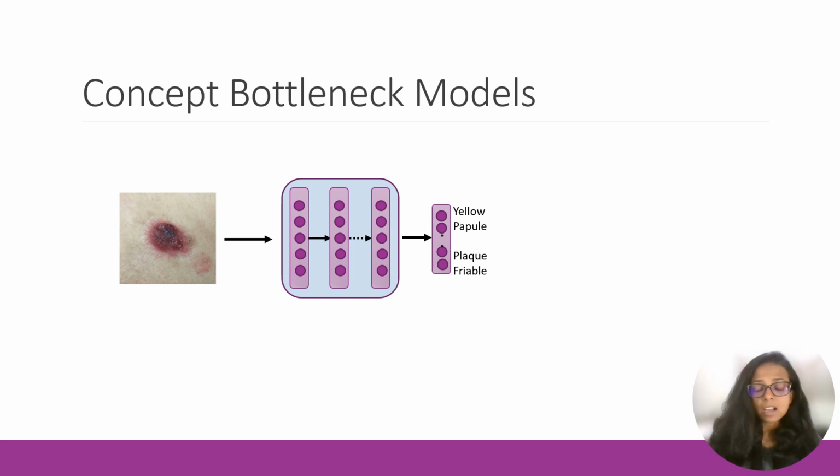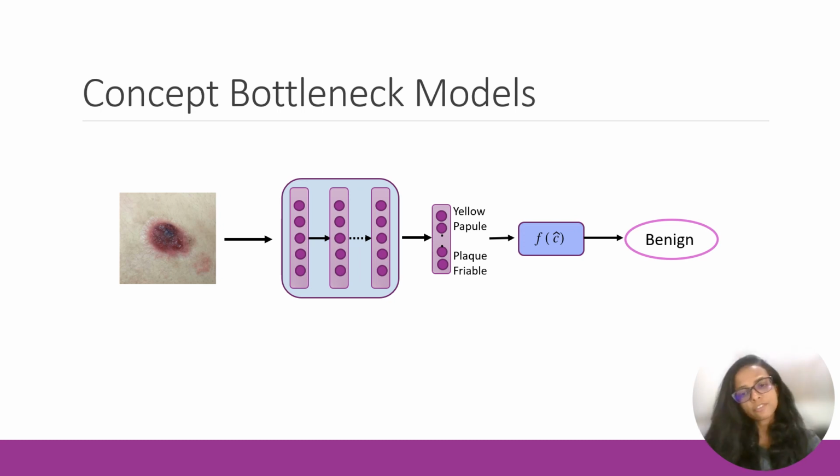Now, the final task is still classification. One way to introduce the classification task is to go from concepts to the final class. So essentially, we're going from X to C, which are human understandable concepts, to Y.